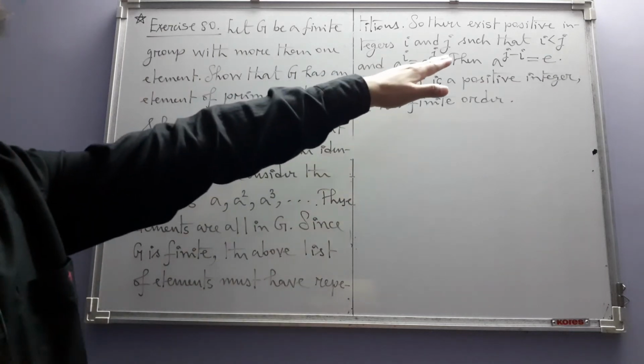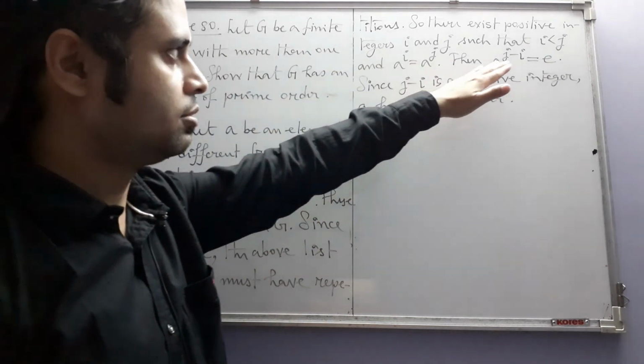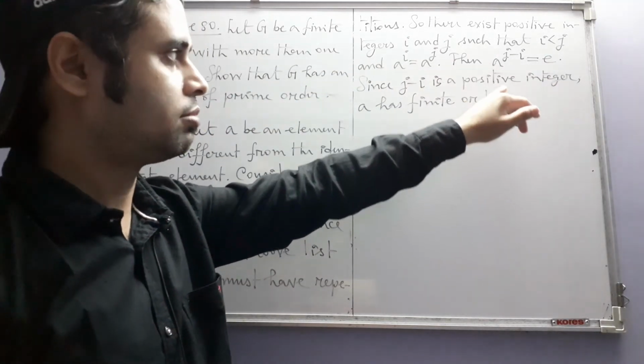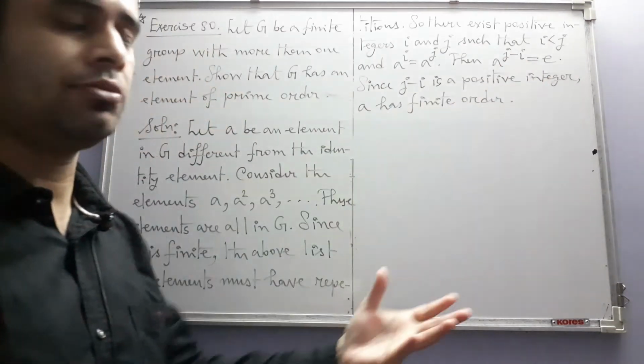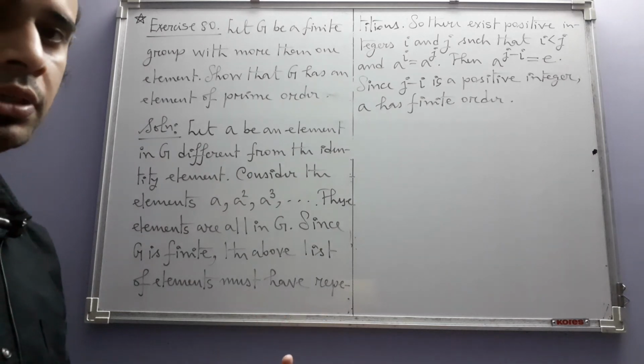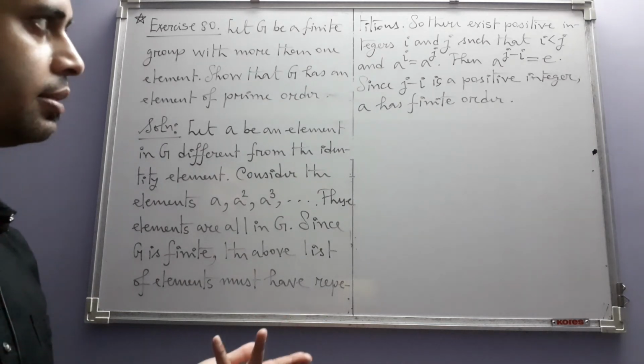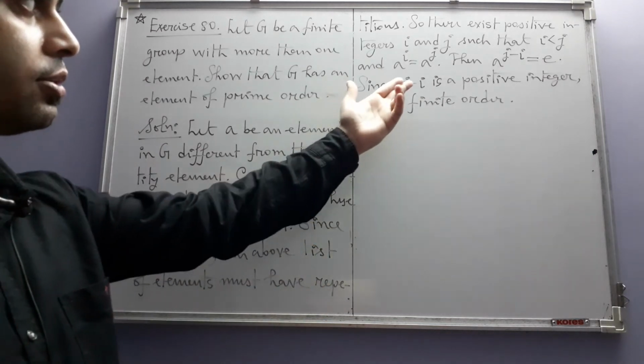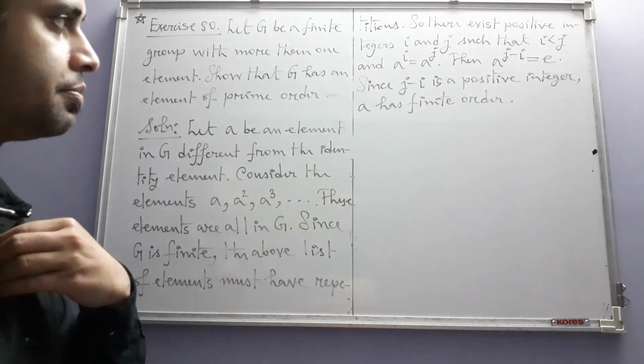Because one integral power of a has been found which becomes the identity, and where the exponent is a positive integer. So the least such positive integer will be the order of a, which has to be finite, and in fact it will be less than or equal to j minus I.